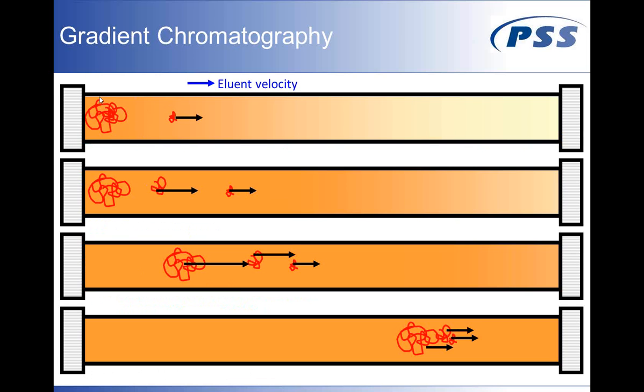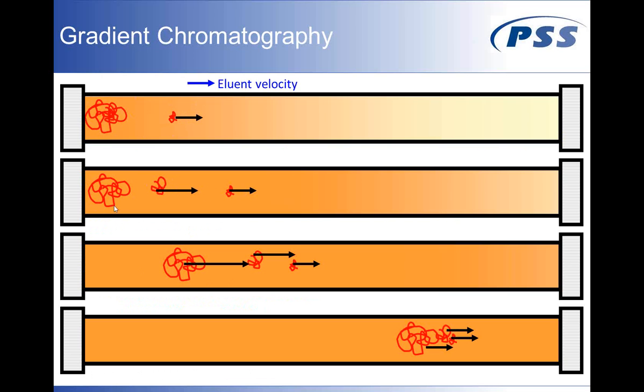I told you all molecules have been adsorbed at the beginning of the gradient run, and these small molecules here started to migrate a little bit earlier than the other ones. Then the little bit larger ones start to migrate, but they experience better solvent conditions than this one, and so they migrate a little bit faster than the small ones.